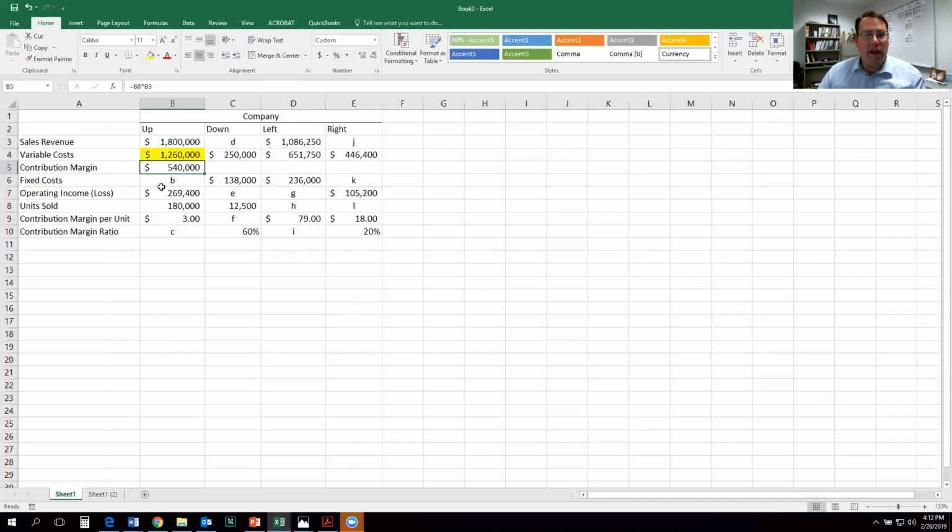So I could reformulate that algebraically and say fixed costs equal contribution margin minus operating income. And then my contribution margin ratio, I know, is my contribution margin divided by my sales revenue. So there's my first company.